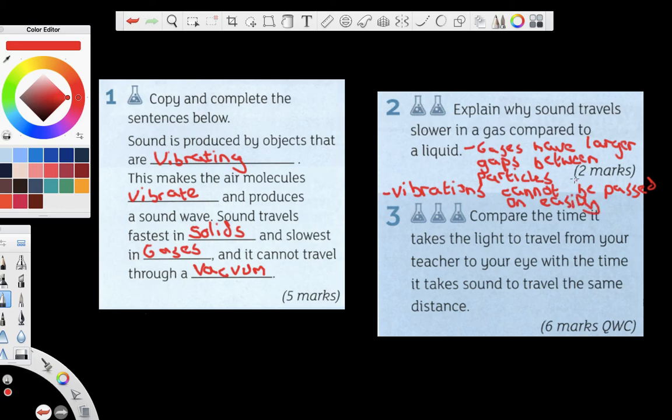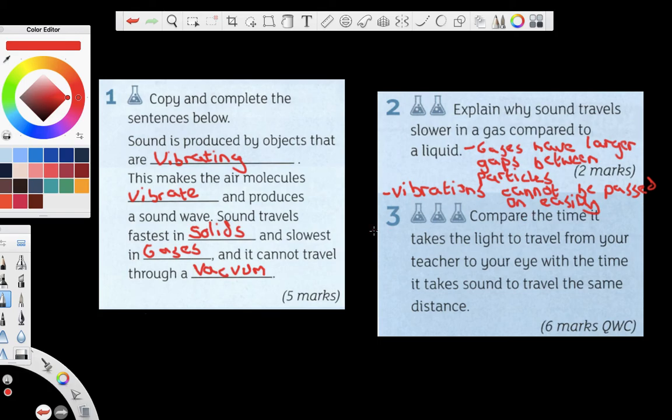Doesn't mean they can't be passed on, but it's not as easy as in a liquid. So for your 2 marks for question 2, you should have said that gases have larger gaps between the particles, therefore the vibrations cannot be passed on as easily.